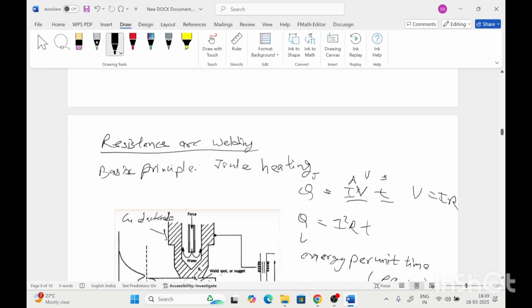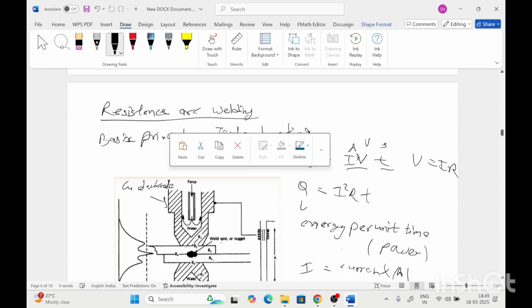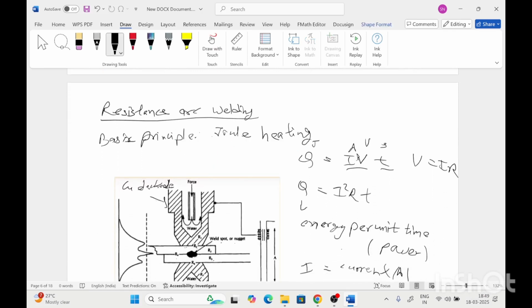Next is resistance welding. The basic principle of resistance welding is Joule heating. The Joule heating term can be written with this formula: Q, the heat generated, from current, voltage, and time. Here IV is the power.